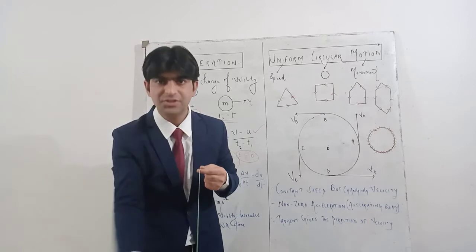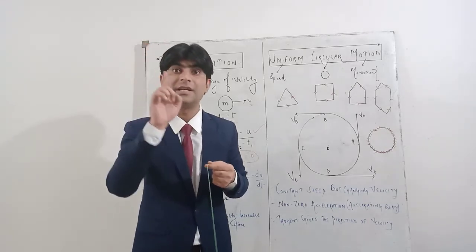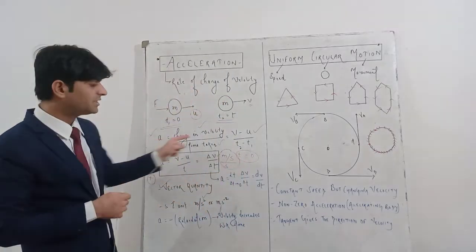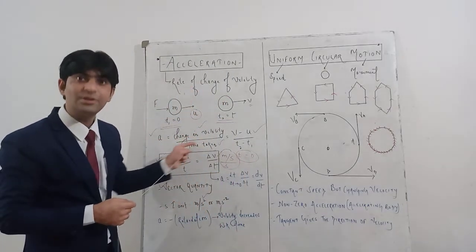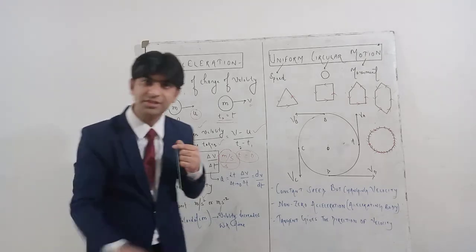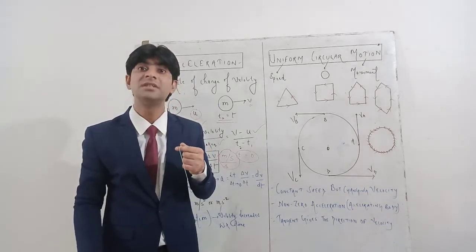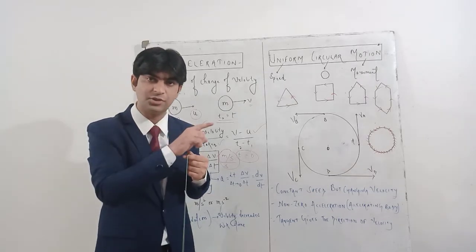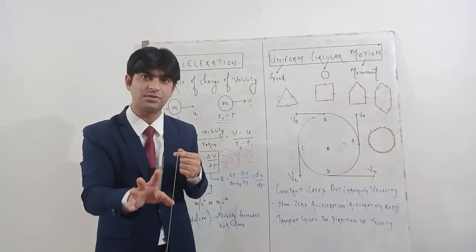If the velocity is changing, we may say that the body is accelerated, because what is the definition of acceleration? Change in velocity per unit time. And if the direction is changing, the velocity is changing. That means we may not say that the acceleration is zero in this case, although the speed is constant.